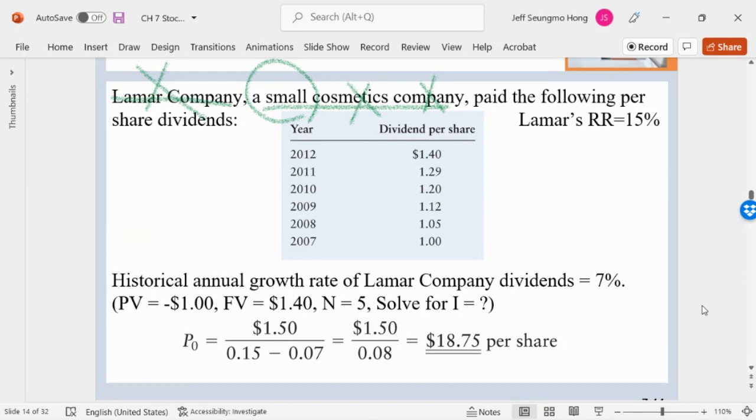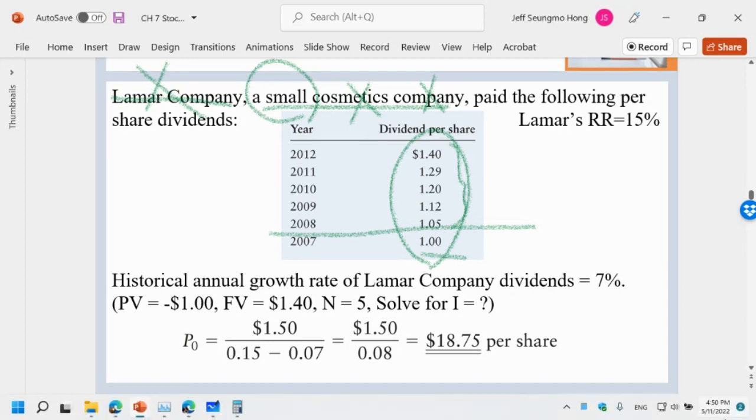So it was represented in this dividend over the last 5 years. 2, 3, 4, 5, 6 years. Currently, in 2007 they paid $1, and then they went up like that. Of course, the dividend didn't grow at an even pace.